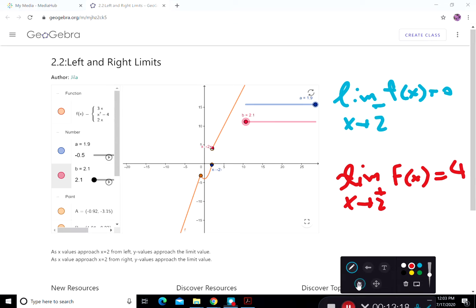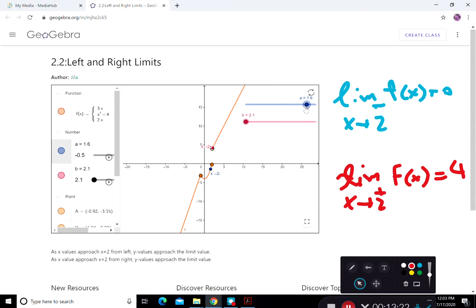When I was approaching from the left, let's go back, the function is creating this path, and the point is traveling on that path as x approaches 2. The path is predicting that as x gets to be 2, the y value is going to be 0.